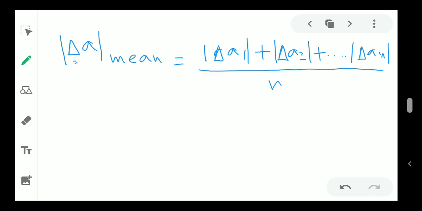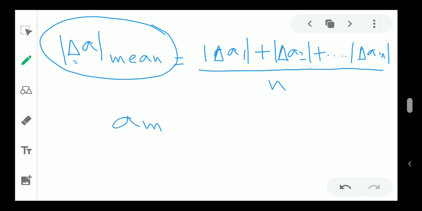How many observations have we taken? N. So ultimately I will get this term, and I will use it in my final expression. So my final expression will be a mean plus minus delta a mean.